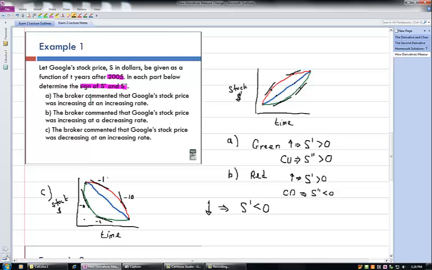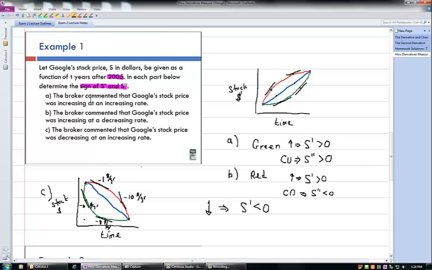Now these are rates of change, so you can put actual money on here. This could be like -$1 per year, and this is going down -$10 per year. Whereas on the green, you're first losing -$10 per year, but now you're just losing -$1 per year. Now, which one is an increasing rate?